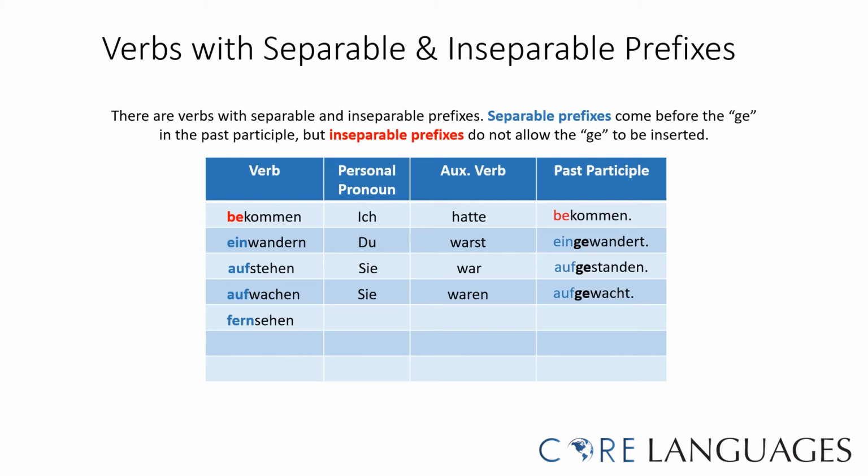Fernsehen, to watch TV, is a separable prefix verb, so the past participle is ferngesehen. Vergessen, to forget, is an inseparable prefix verb, so the past participle does not have ge. Vergessen. Erlauben, to allow, is an inseparable prefix verb, so the past participle does not have ge. Erlaubt.